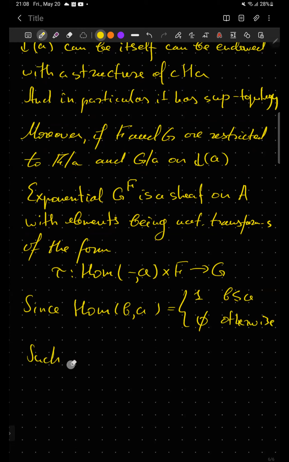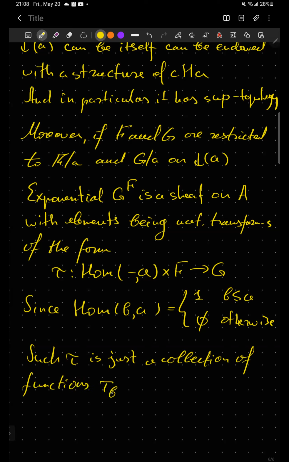Such tau is just a collection of functions tau_b from Fb to Gb, unique for each b less or equal than a, and natural in b.